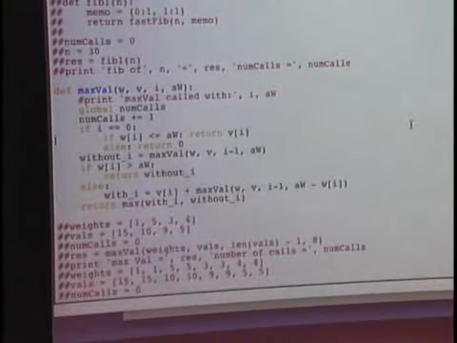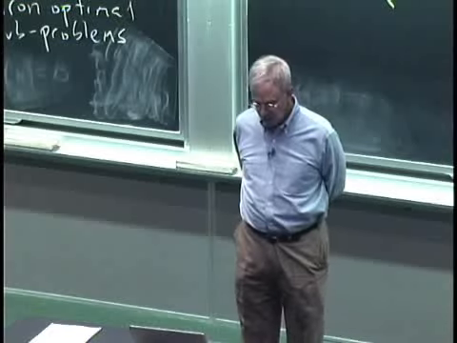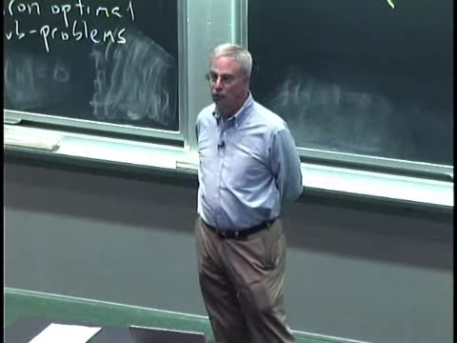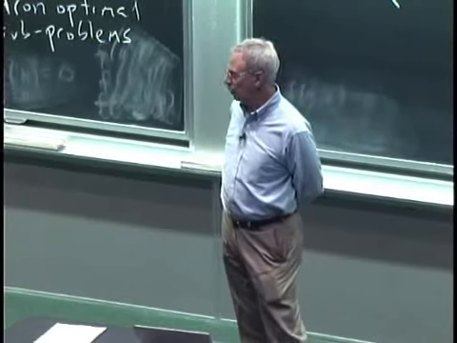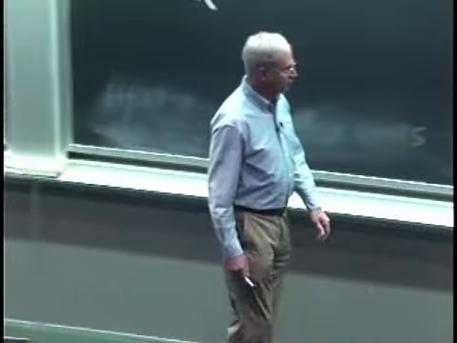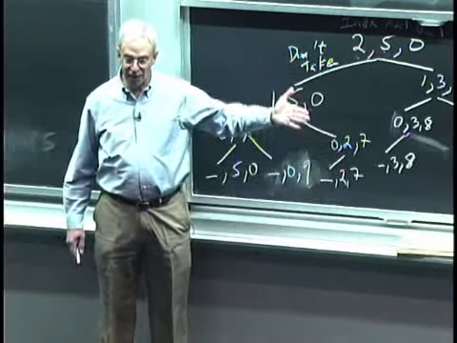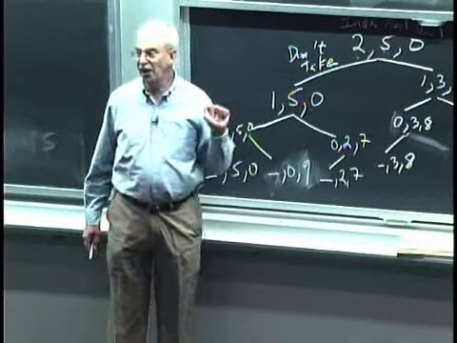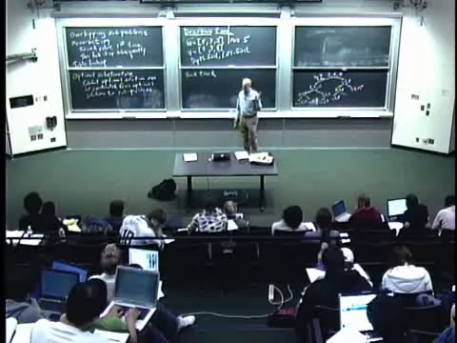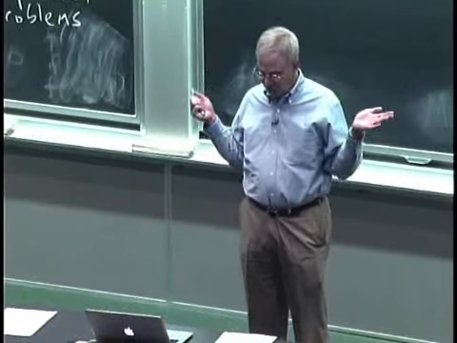Otherwise, let's see what I get with I. And so the value of with I will be the value of I plus whatever I can get using the remaining items and decrementing the weight by the weight of I. So that's exactly what we see as we go down the right branches. I look at the rest of the list, but I've changed the value, and I've changed the available weight. And then when I get to the very end, I'm going to return the bigger of with I and without I.